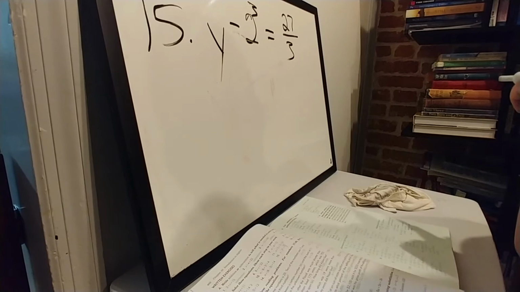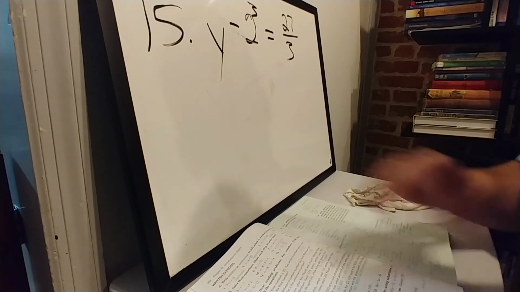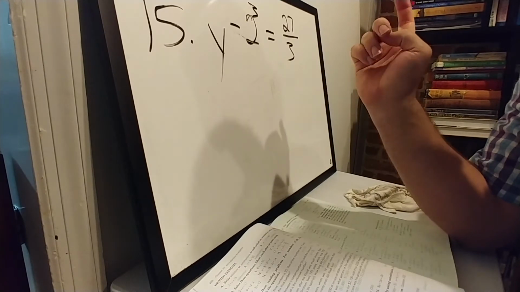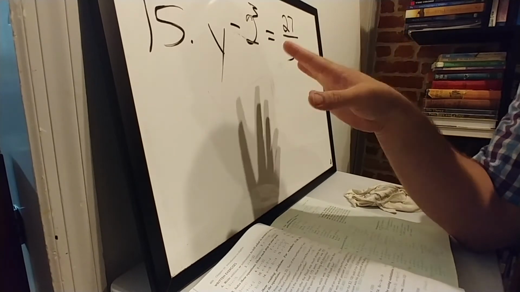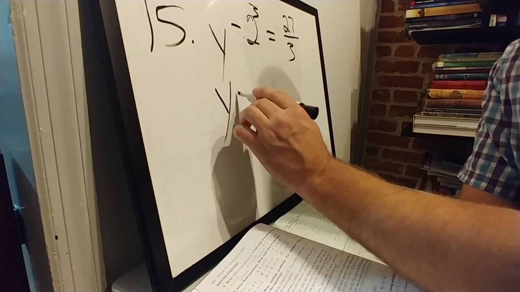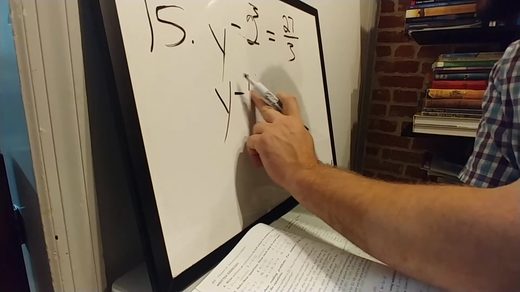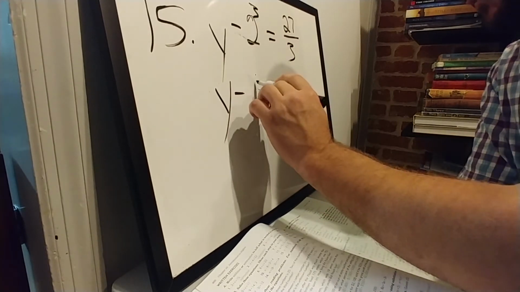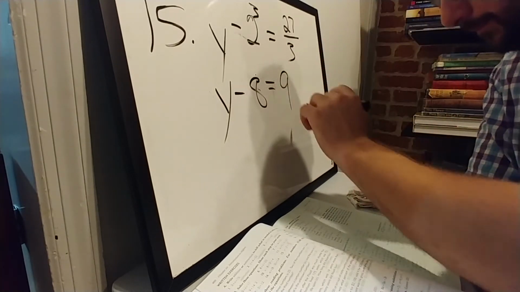Now, this one you're going to have to do a couple steps before you can figure out what that number is, because if you remember, you have to do exponents, multiplication, division, all that first. So we need to do some steps. 2 cubed would be 8. And 27 divided by 3 would be 9.